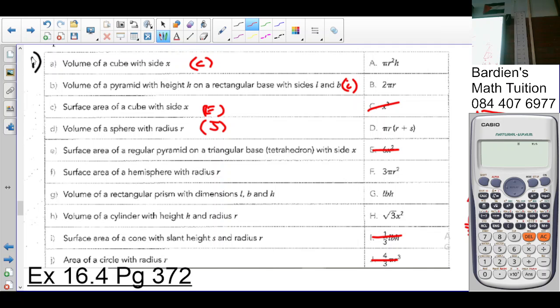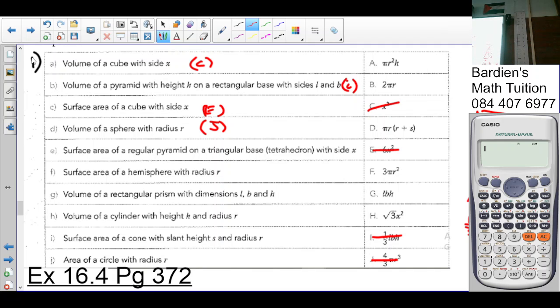Okay? So you calculate the area of a triangle.